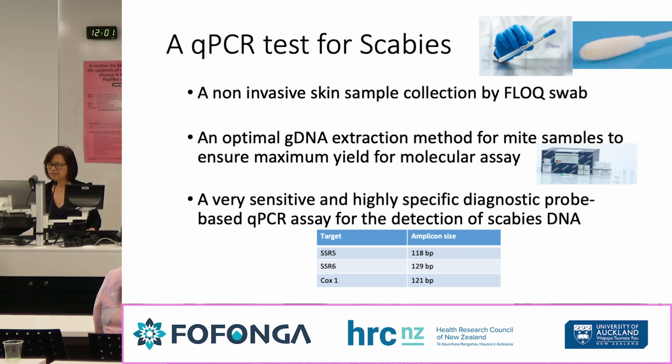SSR5 is a microsatellite, it's called, and SSR6 is in the long tandem repeat. So in the scabies mite genome there are also repeat sequences, but these two both came from the non-coding region. So all in all, we have 3 targets for our qPCR that we subject 1 sample to for analysis.